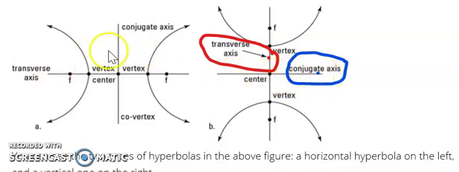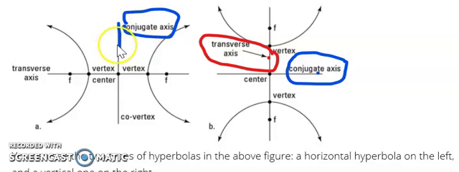But for this, the conjugate axis, it's this one, this whole line. And then the transverse axis is this one.